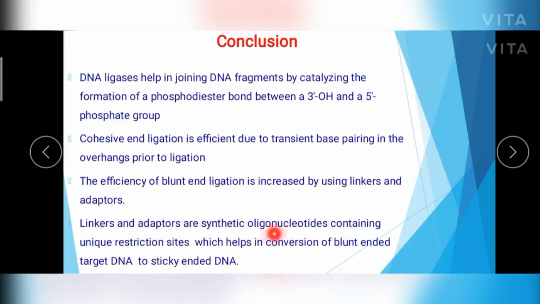Linkers and adapters are short DNA fragments which contain internal restriction sites and help in the conversion of blunt ended fragments to sticky ended fragments. With this, I conclude the session.